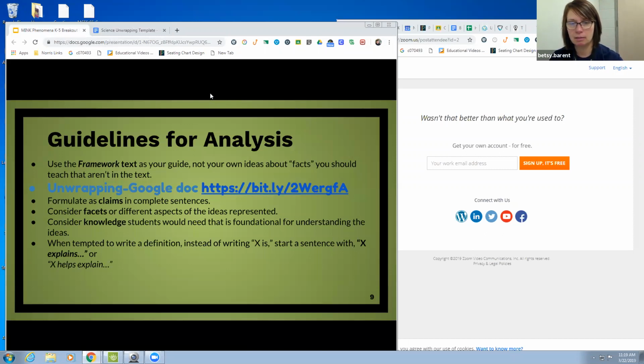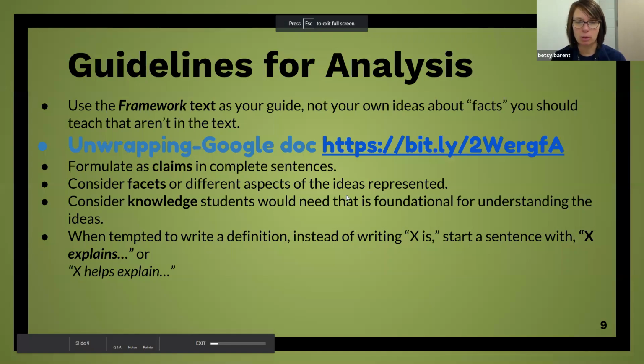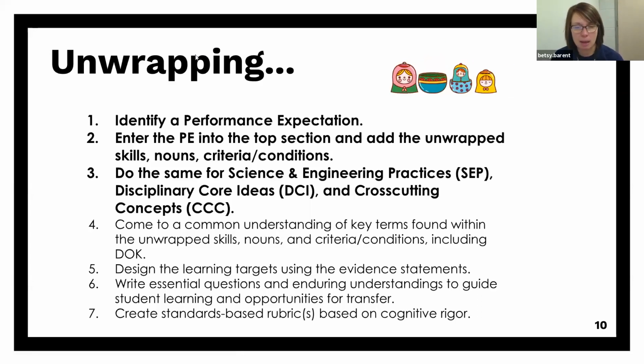All right, so let's go back here. Let me go ahead and go back into presentation mode. All right, so unwrapping. The basic steps are to identify the performance expectation, which I've already done for you, ESS 2-1. We're going to enter the performance expectation into the top section of that Google Doc that I just showed you and add the unwrapped skills, noun, criteria, and conditions.